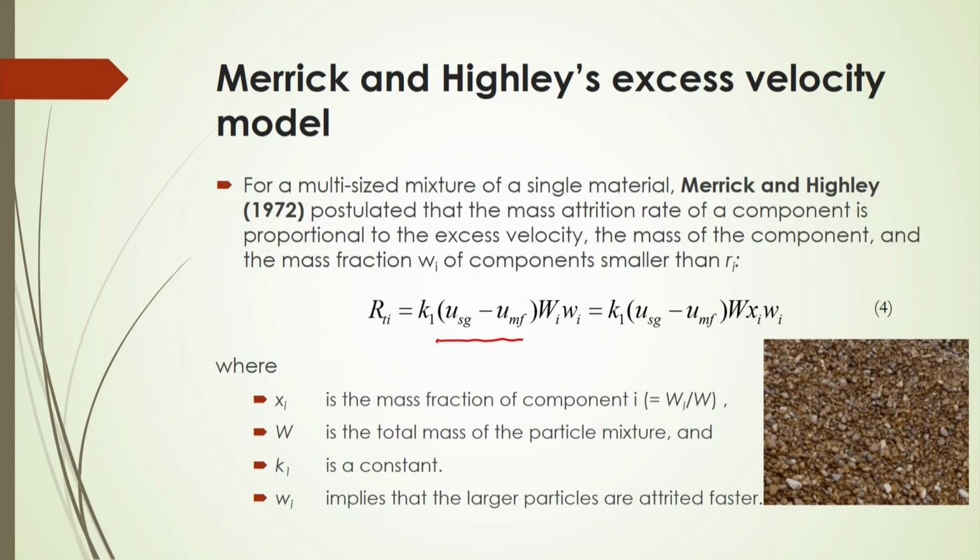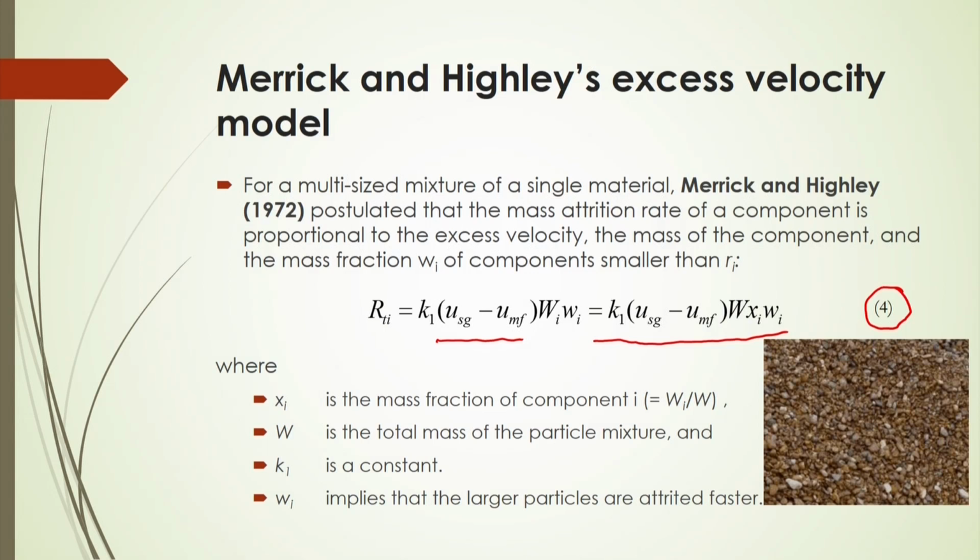Here this x I is nothing but the mass fraction of component I, that is W I by W. So, this R T I can be again expressed as K 1 into U S G minus U M F into W into x I into W I as per equation number 4.